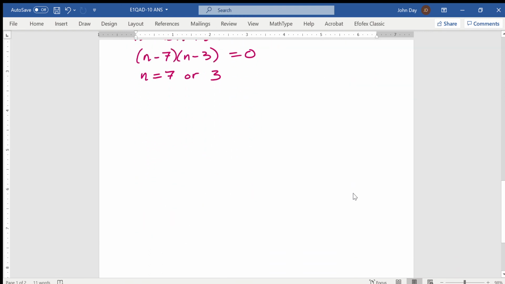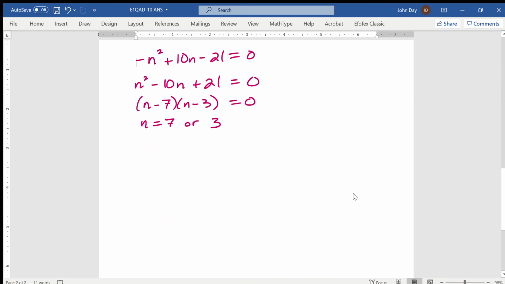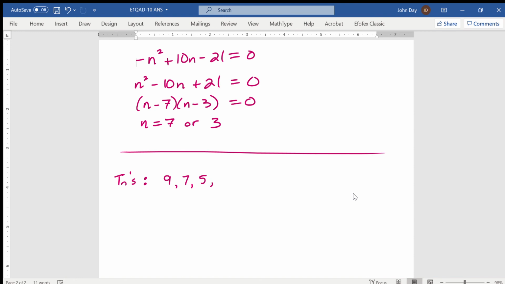Now I'll just show you if that makes sense, by rewriting down what the actual pattern was. These are our terms, our un's, if you like. They go 9, then 7, then 5, then 3, because we're going down by 2.